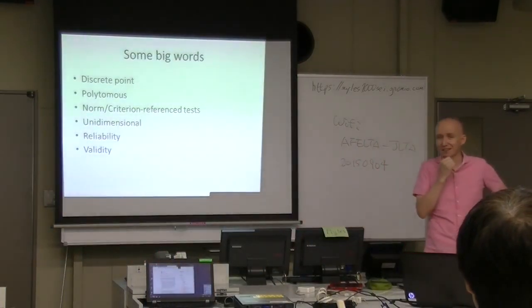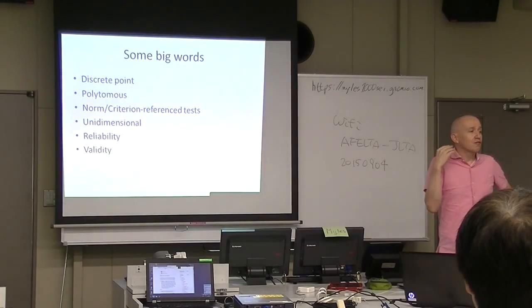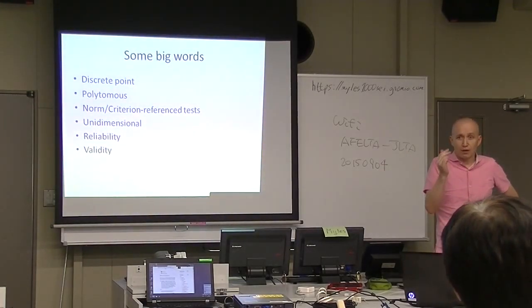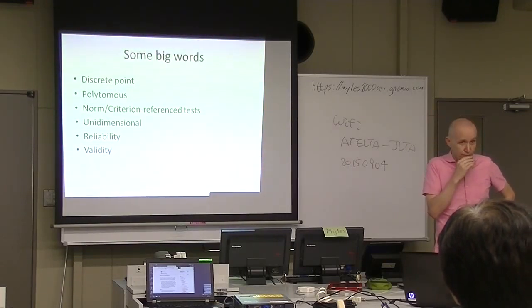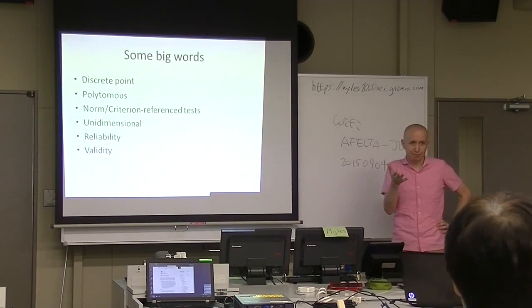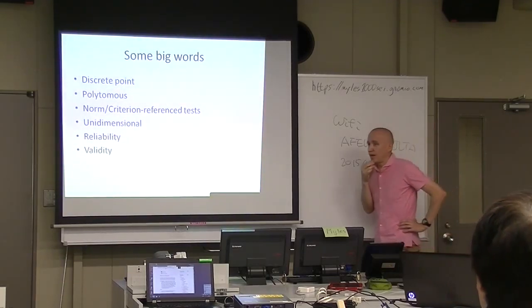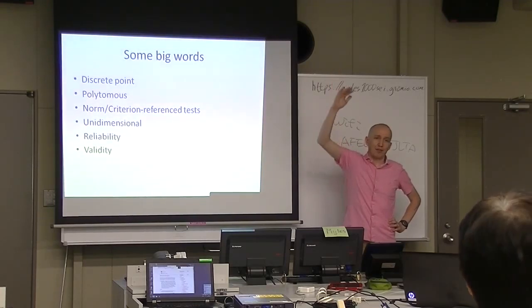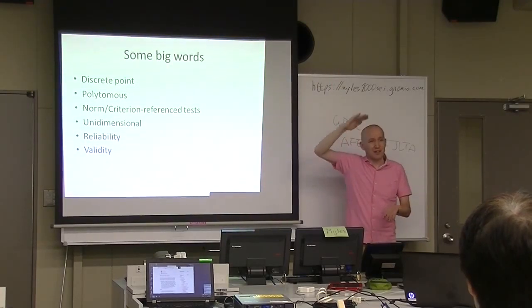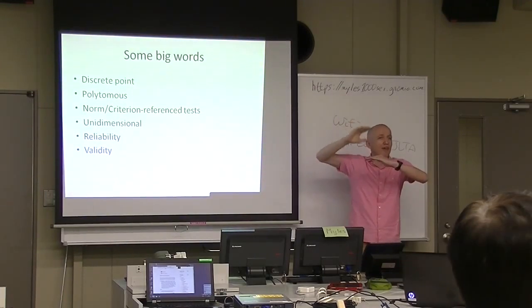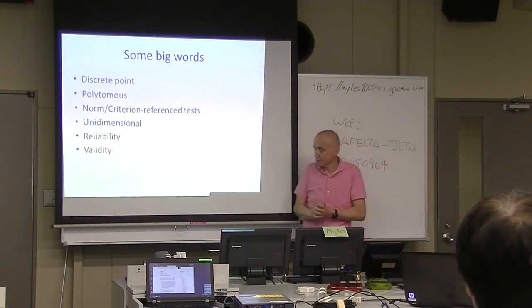But reliability is getting close to the same score every time we use the measure. Okay. Close enough. If we're measuring the height of mountains, and if we're measuring the height of people, it's still meters and centimeters, but we'll have a different level of error that's acceptable.